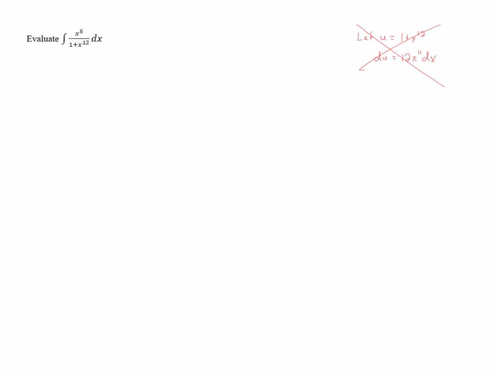All right, the substitution we're going to make here is we're going to let u be x to the 6th. Now, the reason this is going to help us is because we can take the denominator and write this as 1 plus x to the 6th squared, because x to the 12th is just x to the 6th squared.